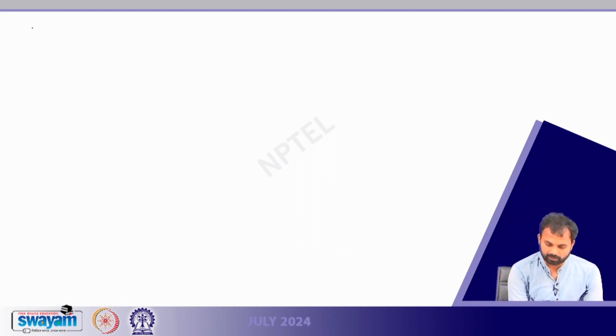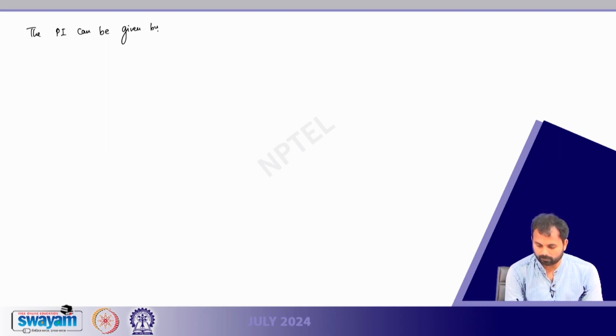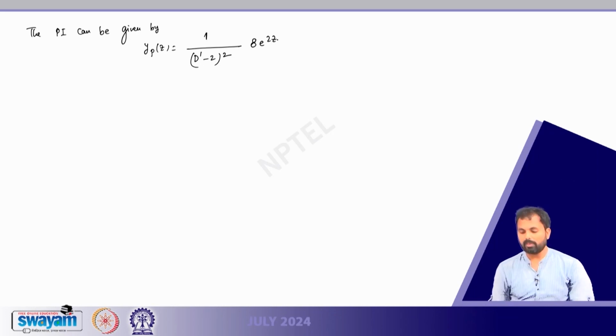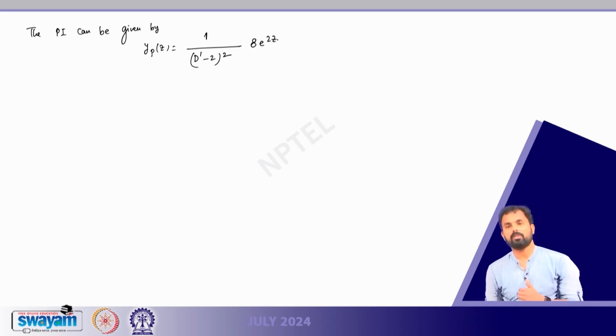Now the particular integral can be given by yp(z) equals 1 by (D' minus 2) whole square times 8 e to the power 2z. But again this creates a problem if you substitute D' equals 2. So here 8 will come out anyway, and then this falls into the category of V into e to the power ax.